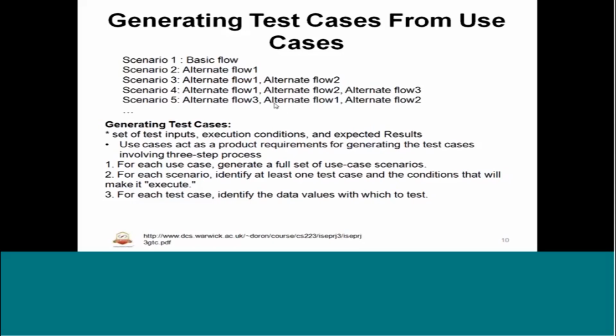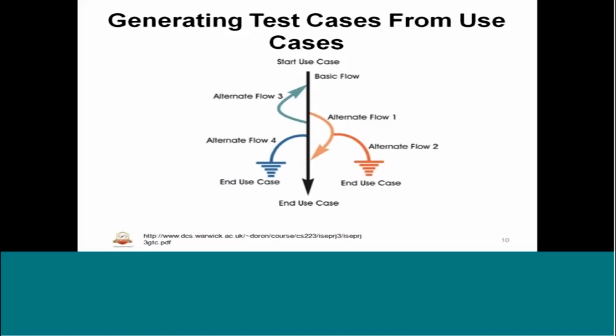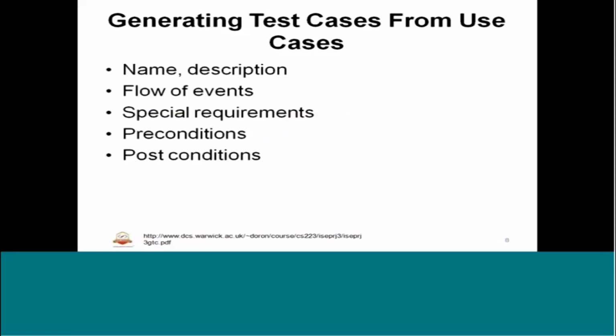Second step, once the full set of scenarios have been identified, the next step is identifying the test cases. We can do this by analyzing the scenarios and reviewing the use case textual description as well. So use cases will have a description, as I said in one of the earlier sections, earlier in this slide.